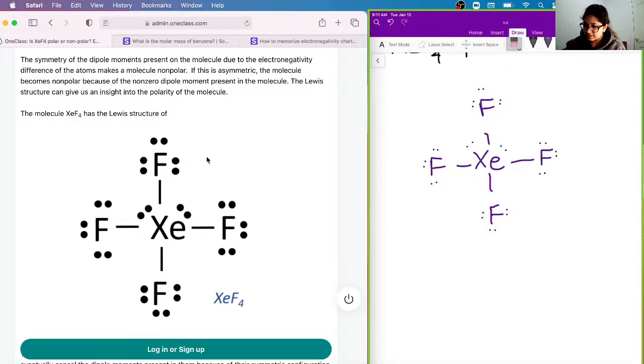If we represent the vectors here, they would cancel out because they are opposites, so your vectors would cancel out for your dipoles, and you would have a net dipole moment of 0.